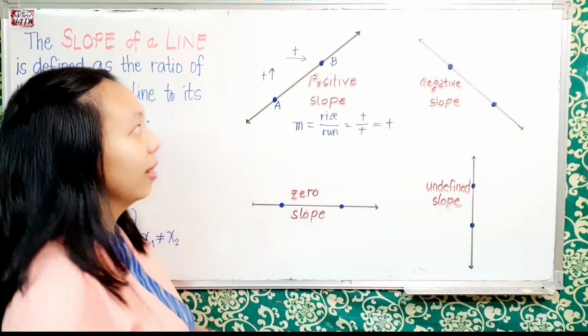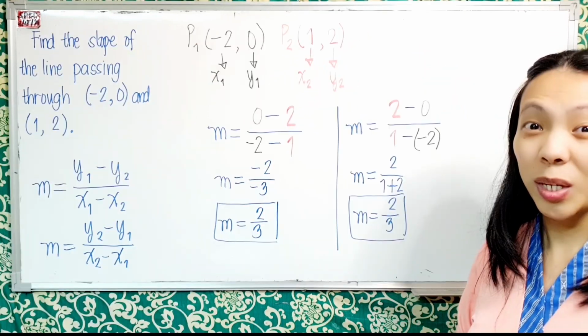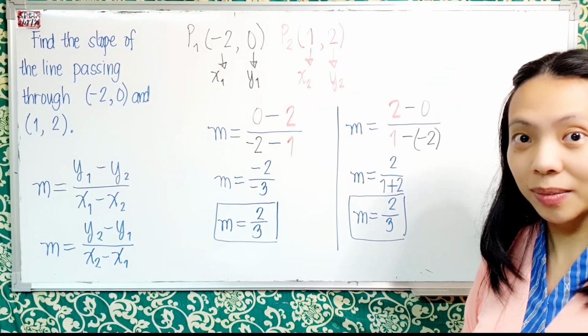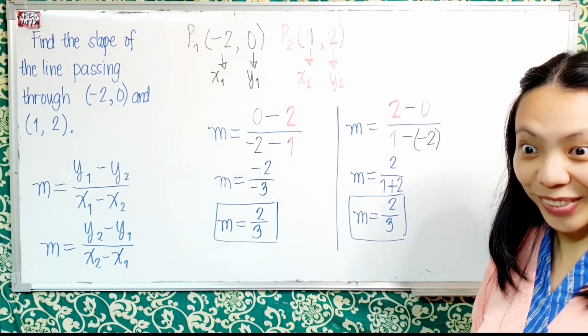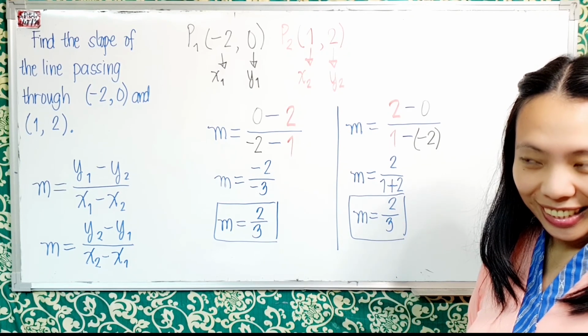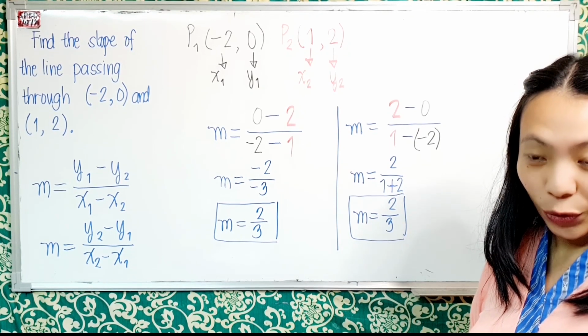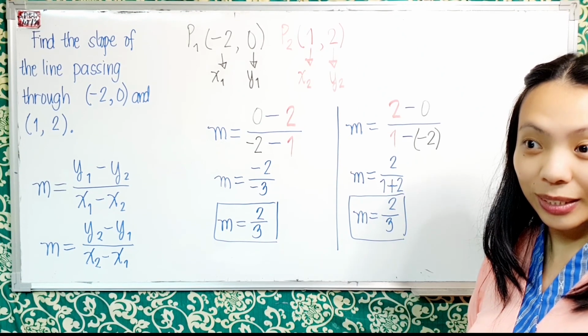What does the slope 2/3 mean? It means for every 2 units.